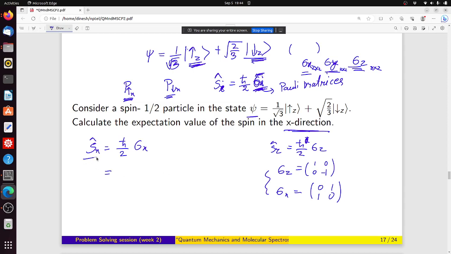So we have the spin operator in x direction as h cross over 2 times 0 1 1 0, and our particle is in z direction. So do you know the basis of this matrix 1 0 0 minus 1? Basis means eigenvectors of this matrix. Do you know how to calculate eigenvalues and eigenvectors?